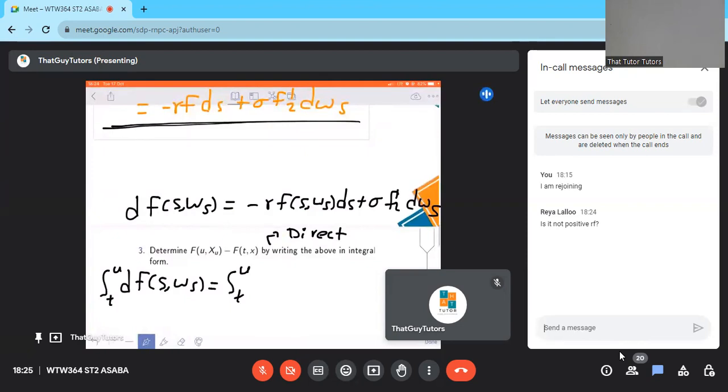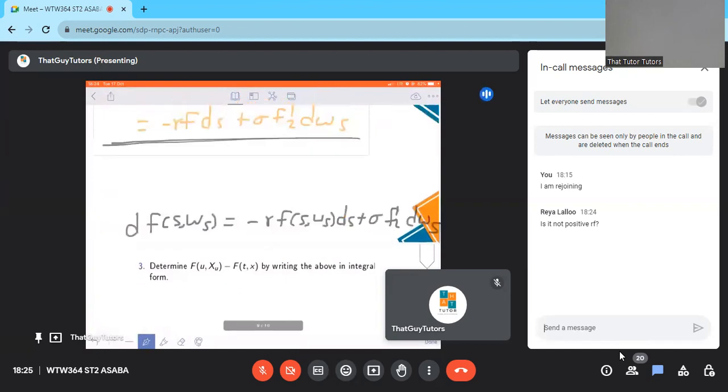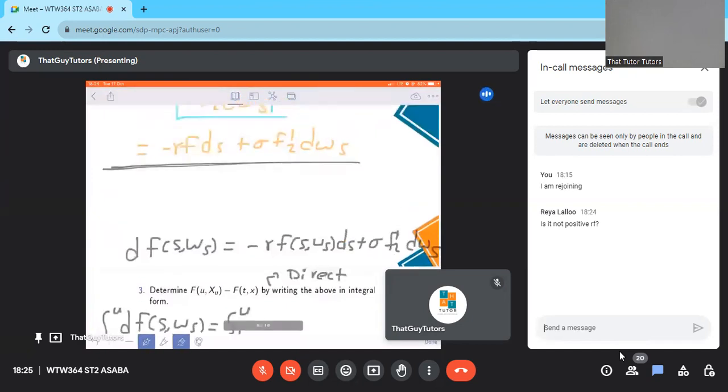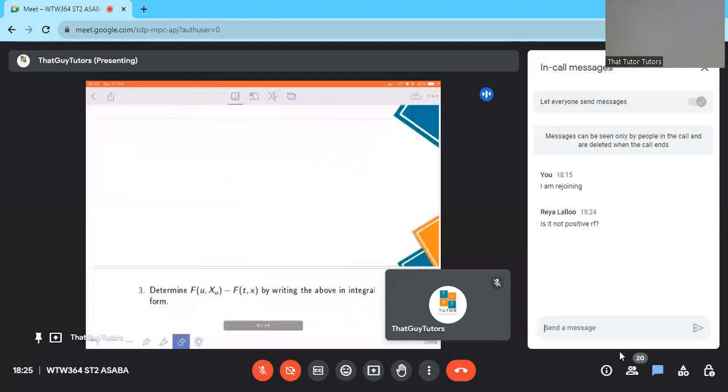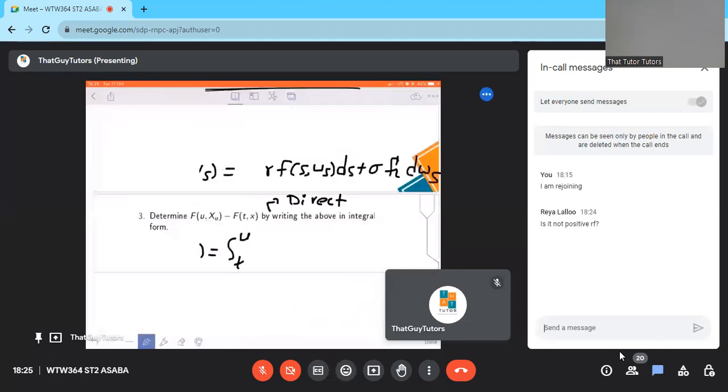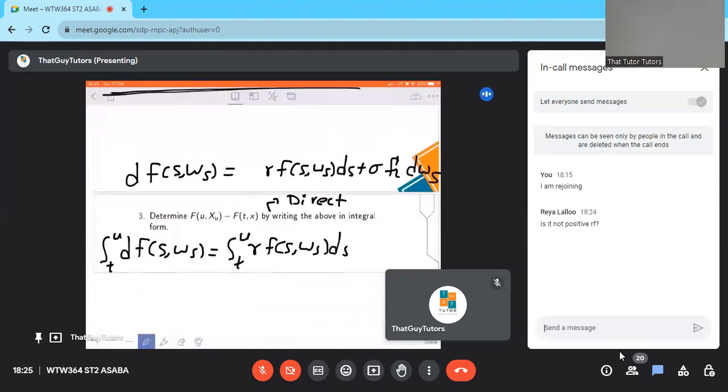The whole term goes to the other side and then it becomes positive. And you would have r f s w f s ds plus integration from t to u of c sigma f prime 2 d to the ws. Right? So this is the easy part.